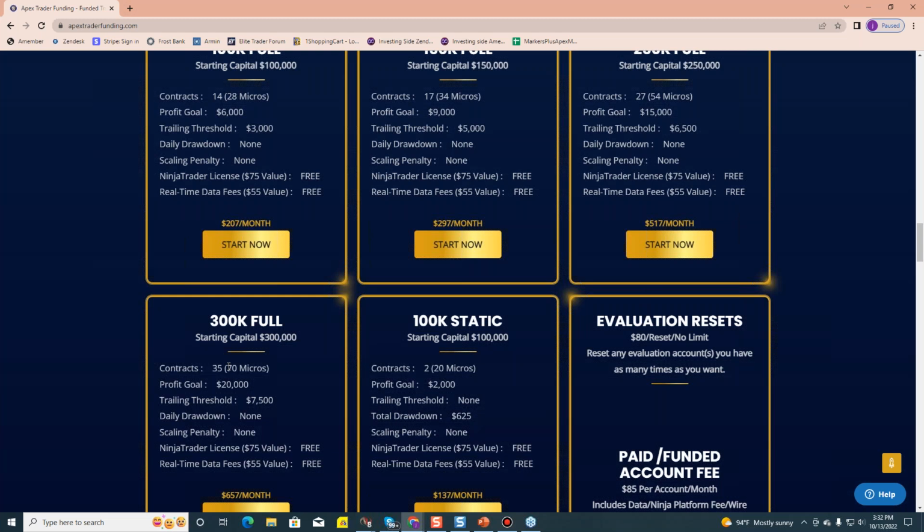If you could do the same ratio, how many micros would that equate to? Think about the commissions on 350 micros versus just doing 35 minis.